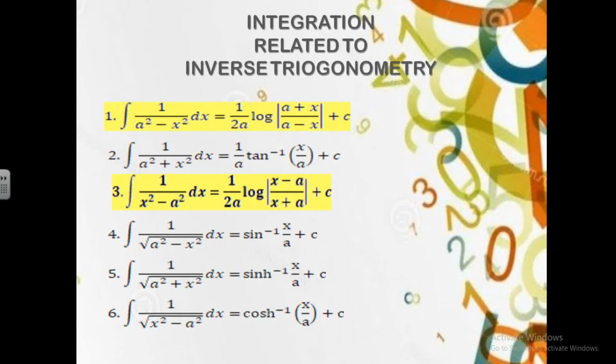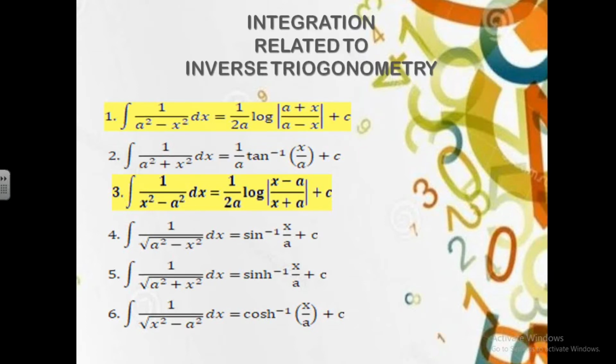By observing these three formulas, the fourth and fifth both start with a square, but the sign between the terms is different. When it has a negative sign between the terms in the denominator, its result is sin inverse of x by a. In the fifth one the terms are the same, a square and x square, but the sign between them is plus. So when it has a positive sign between the terms, its answer becomes sin h inverse, right?